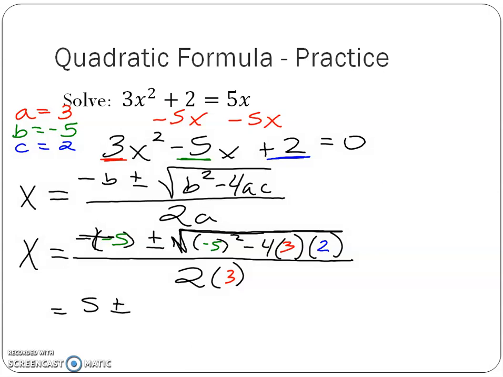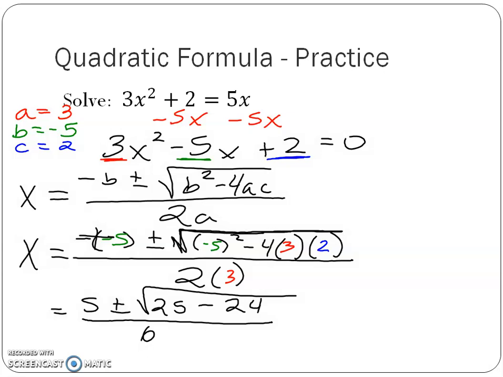Now, underneath the square root, I have a negative 5 squared, so negative 5 times negative 5 is going to give me 25. Then minus 4 times 3, which is 12, and 12 times 2 is 24. So I've got 25 minus 24, all over 2 times 3, and 2 times 3 is 6. So I've got 5 plus or minus the square root of 25 minus 24, all over 6.